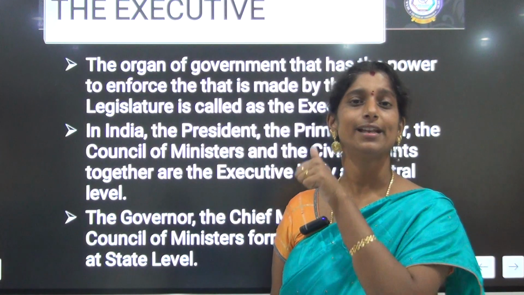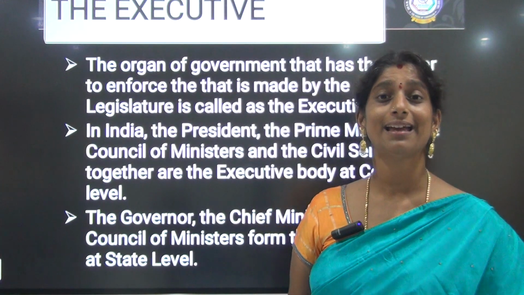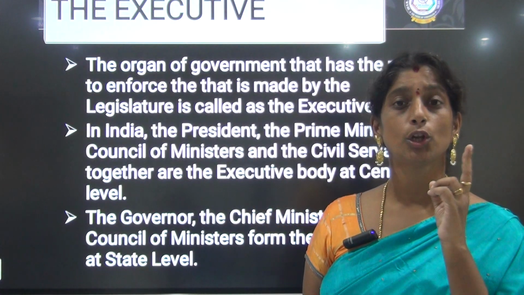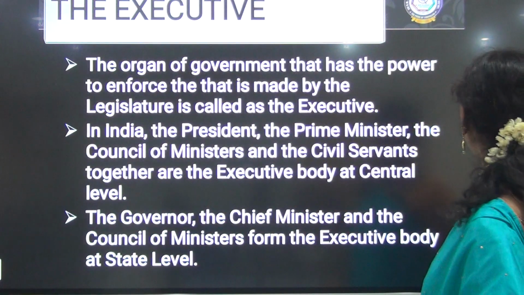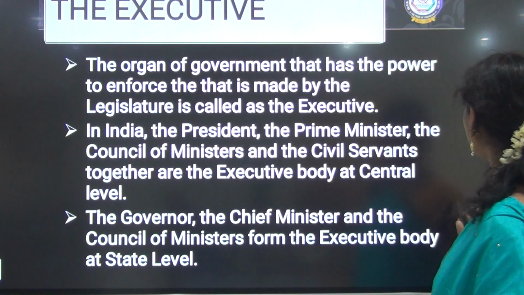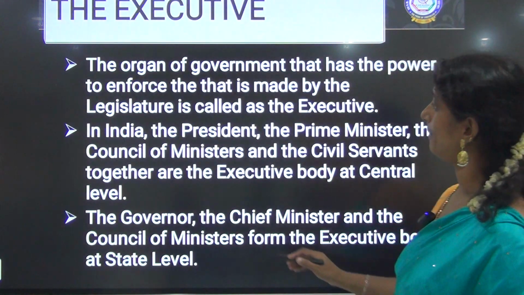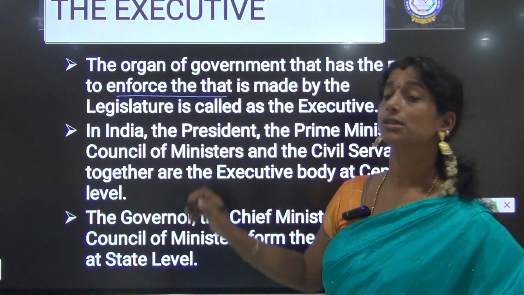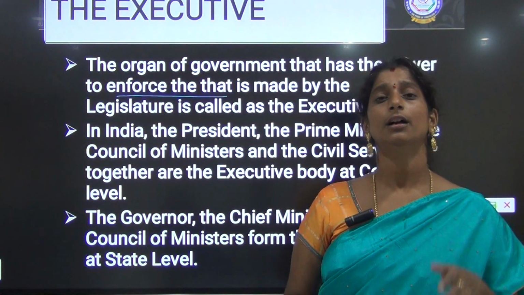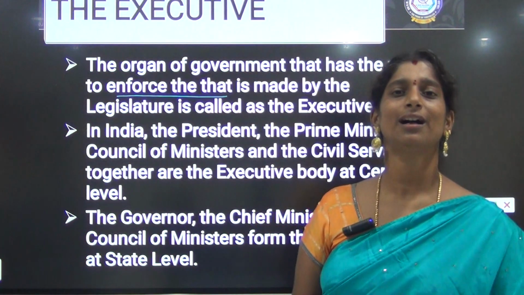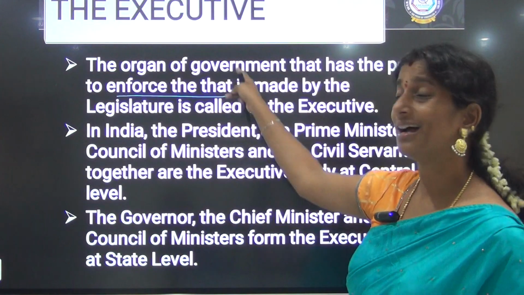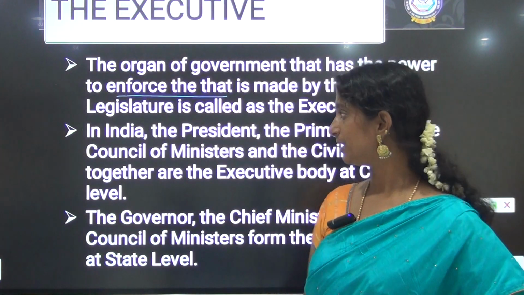That is, the executive's work is to take care that the laws are being followed all over the country. Clear? So, it has the power to enforce the laws made by the legislature. For the enforcement, to make people clear about the laws and to make sure that they are followed, that is the work of the executive.